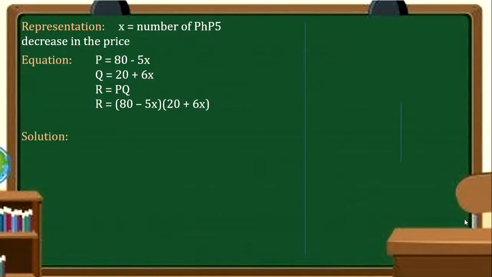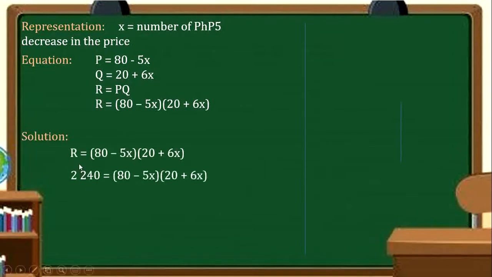okay, yung solution po natin, so, magiging 2,240. Bakit? So, ito yung revenue na sinabi doon sa problem natin. 2,240 equals, si P ay 80 minus 5x and then si Q ay 20 plus 6x.